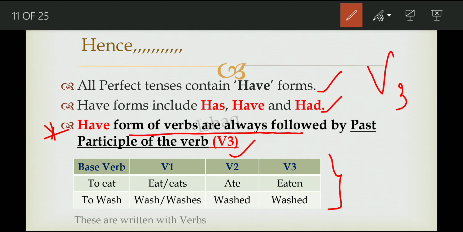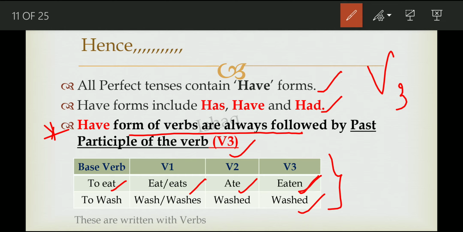For that I have given some examples. If I say the base form of verb is to eat, v1 is eat or eats, v2 is ate, and v3 is eaten. In our childhood, in our schools, we would have learned eat, ate, eaten. That is what v3 is. Eaten is v3. Washed is v3. Now you remember that.